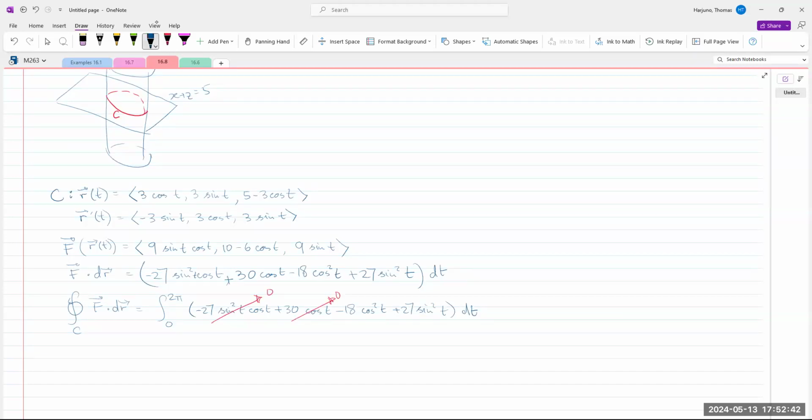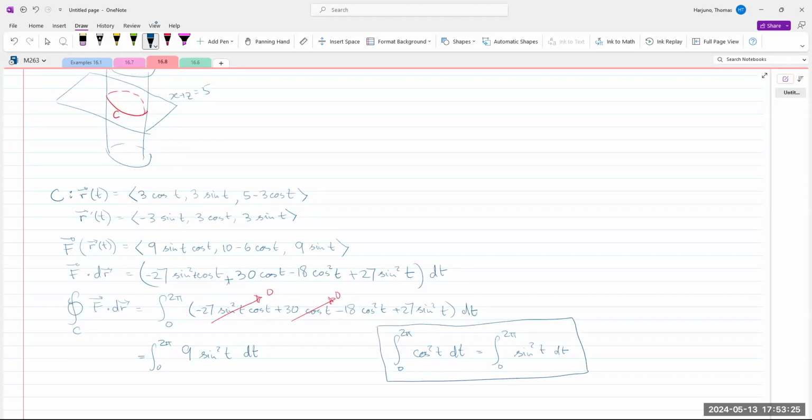Okay. In fact, with some extra knowledge, I want to say that this is actually 9 times sine squared t dt. Now, you may wonder why. I argue this way. The integral of cosine squared t dt from 0 to 2 pi is equal to the integral from 0 to 2 pi of sine squared t dt.